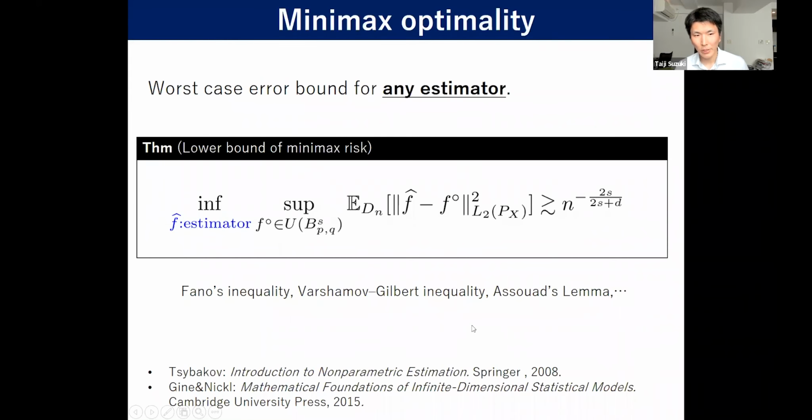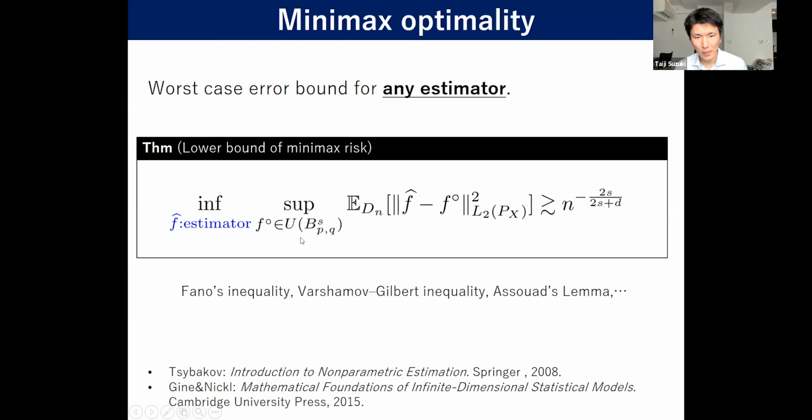So what is minimax optimal? This is also an important notion in statistical learning theory. The minimax optimality is given like this. For any estimator, we consider a worst case error. We take the worst case among the set of true functions, where the true function runs in the unit ball of the function space.